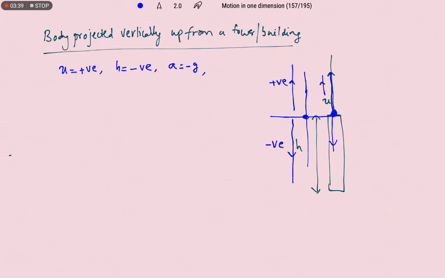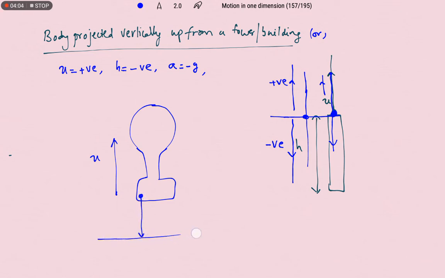Right, so this case is also similar to when an object is dropped from a rising balloon. Suppose there is a balloon rising vertically upwards with a velocity u. From this rising balloon, if an object is dropped, the height of the balloon above the surface can be taken as h.